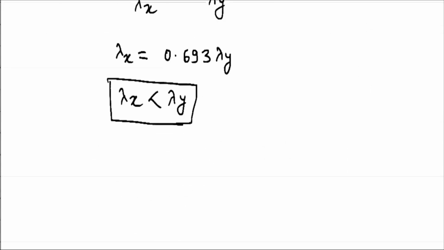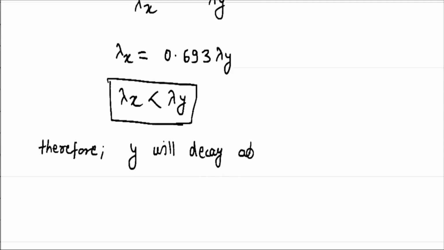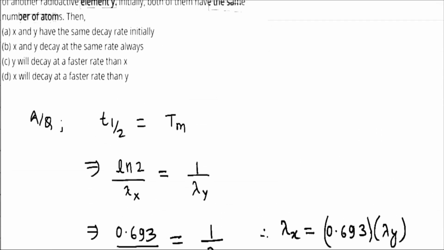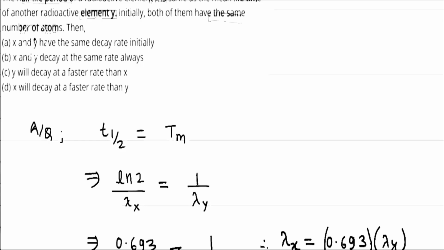Therefore we can say that y will decay at a faster rate than x. So let's check the options. We can say that option C is the correct answer to this problem.